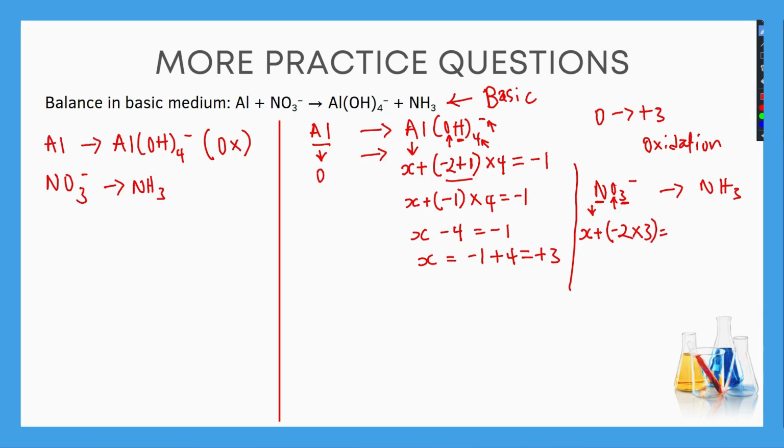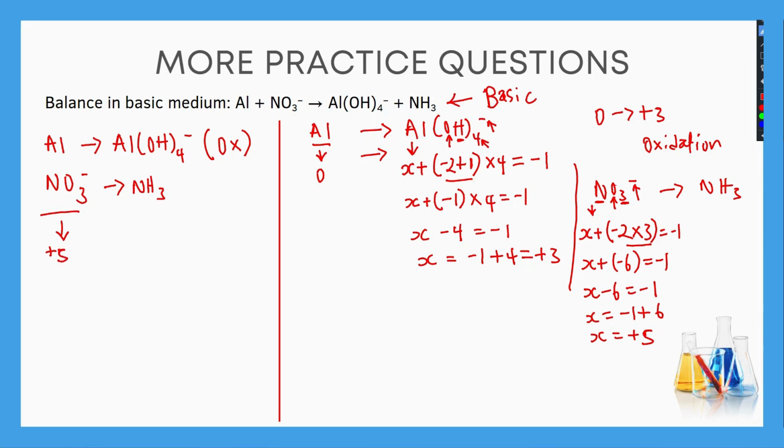This is equal to the overall charge of the compound, which is -1. So we have X plus -2 times 3 gives us -6, which is equal to -1. Then we have X minus 6 equal to -1. X is equal to -1 plus 6. X is equal to +5. So the oxidation number of nitrogen in this compound is +5.